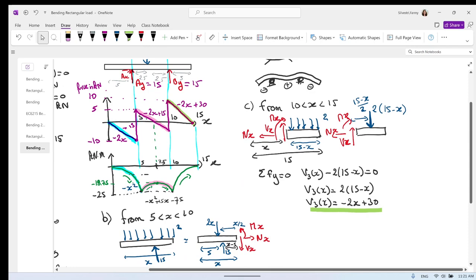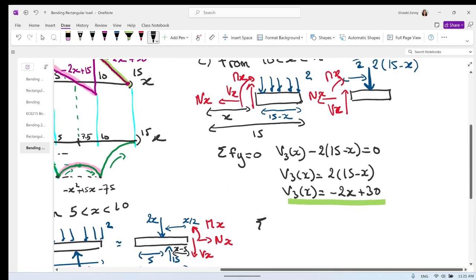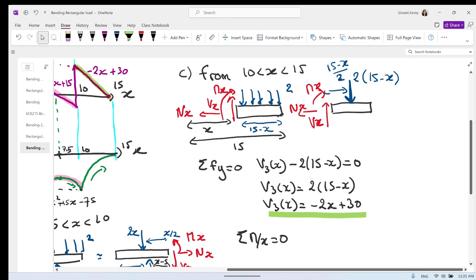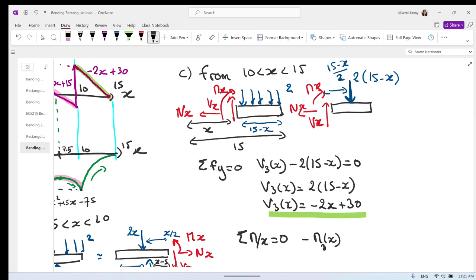And one last equation for the moment. Sum of the moments about x equals 0. So what do we have? We have minus M3 of x. This time the internal moment is negative because it's clockwise. And also the resultant force of the distributed load creates a negative moment.